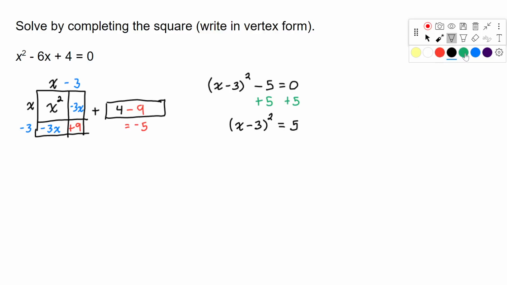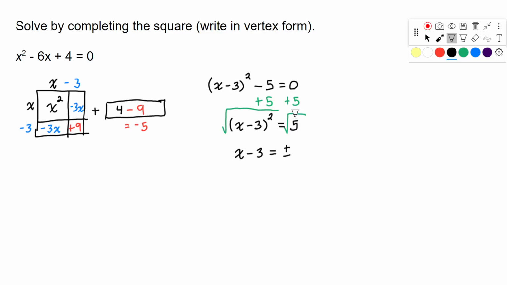Now I can use inverse operations. So the inverse of taking something to the power of 2 is to find the square root of it. And if I do that on one side of my equation, I need to do it on the other side. So we're going to have x minus 3 equals, now this is what is important to remember.